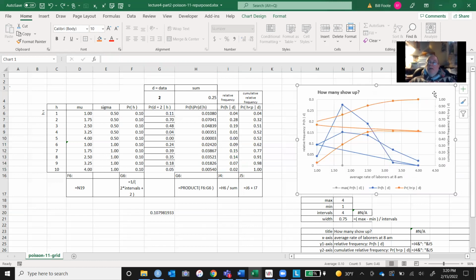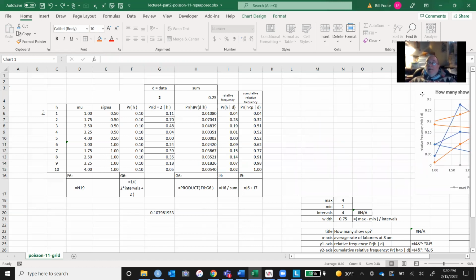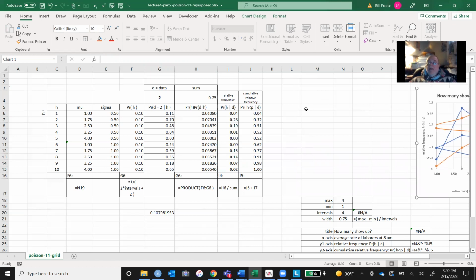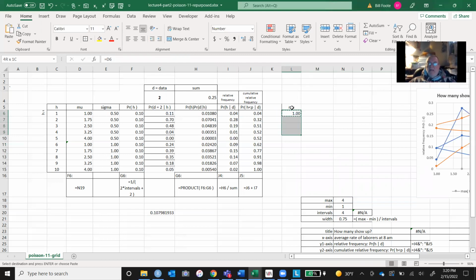Make room. Okay, put it over here. There we go. Let's make room for mu's and sigmas. So we're going to put some mu's here. And these are going to be the same mu's that we have over here. Okay, those are the 5 mu's.